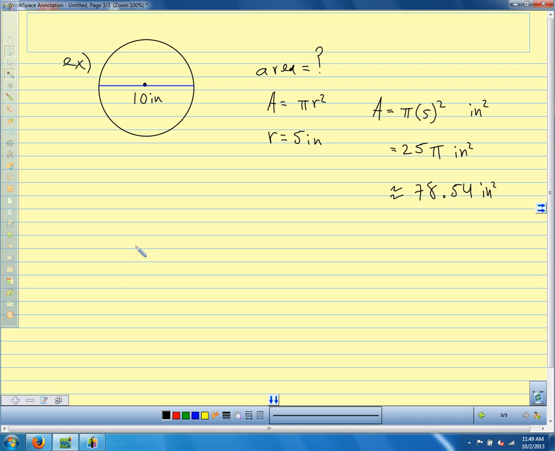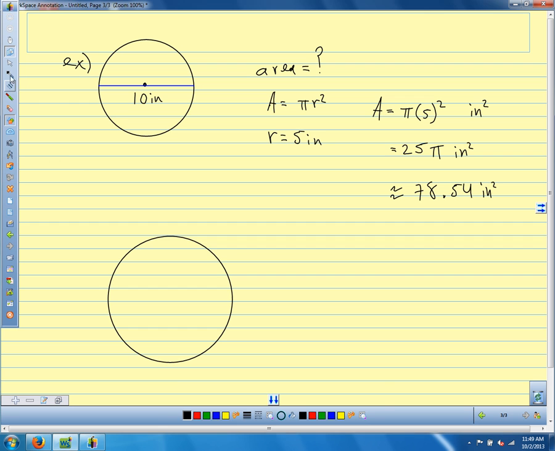Let's look at one more example with a circle. Draw a picture here. And this is 7 feet.